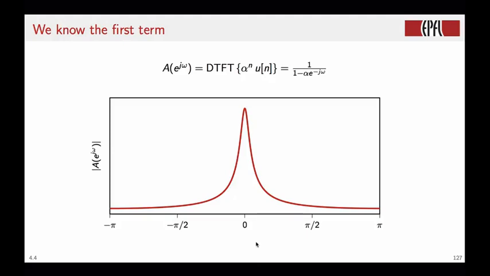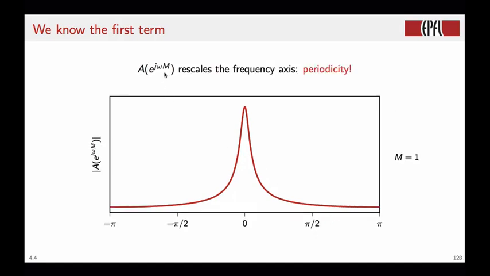So let's look back at what the Fourier transform of the exponential decay looks like. The fact that there is a factor of M in the exponent simply implies that there is a rescaling of the frequency axis. So we're contracting the frequency axis by a factor of big M. But be careful, because this contraction will actually have to take periodicity into account. So when big M is equal to 1, we have the standard spectrum of a decaying exponential.